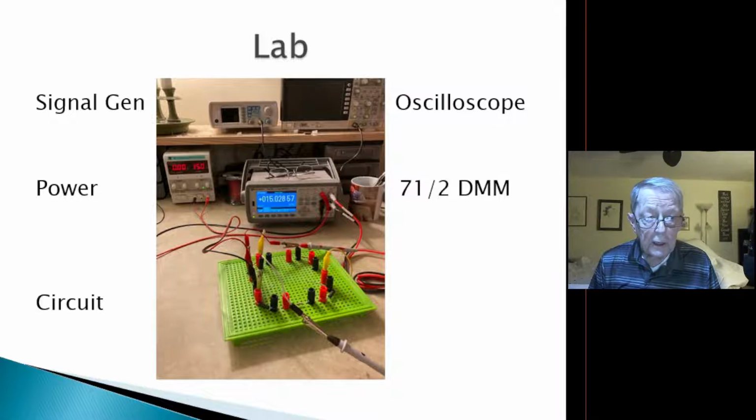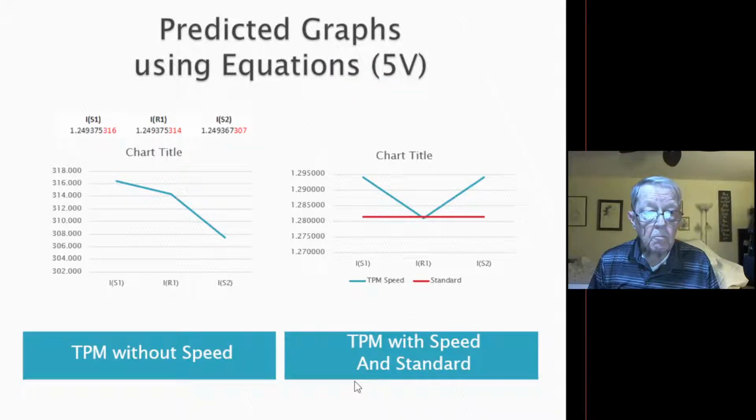I did this with 3 different resistors, set at 6 different voltages. And as I pointed out, the predicted graphs show that if the measurements look like this, then the circuit acts as if it was following the particle model without speed.